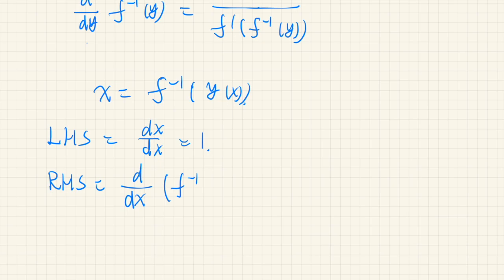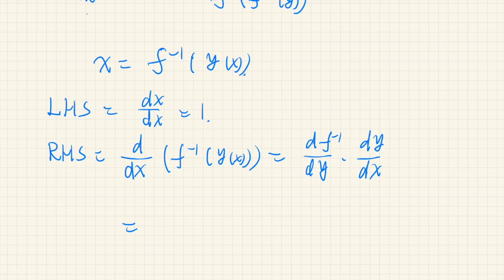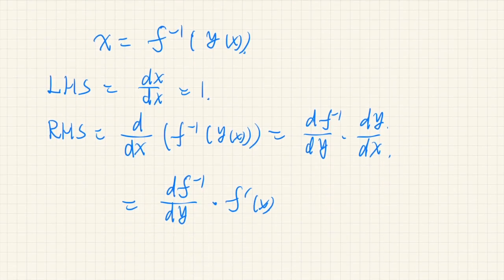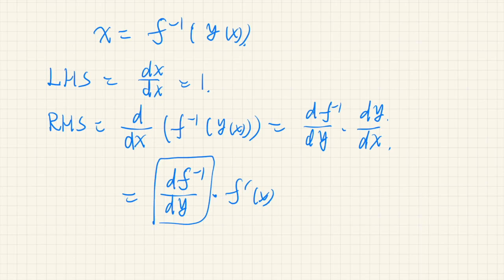And the right-hand side is a composite function, so we can apply the chain rule. And this we have d f inverse over dy times dy over dx, and dy over dx is f prime of x, right? Because y is equal to f of x. And that is equal to the left-hand side, which is equal to 1.